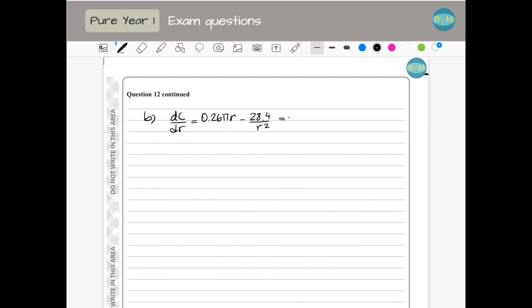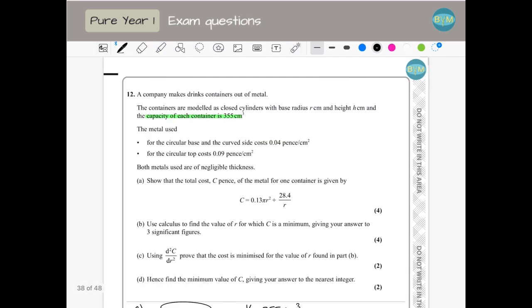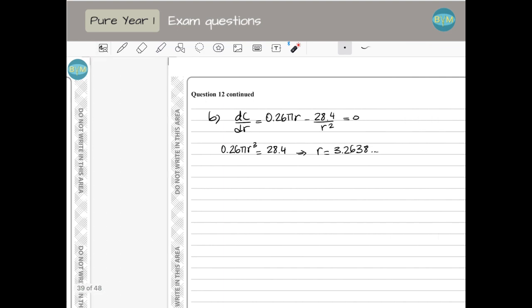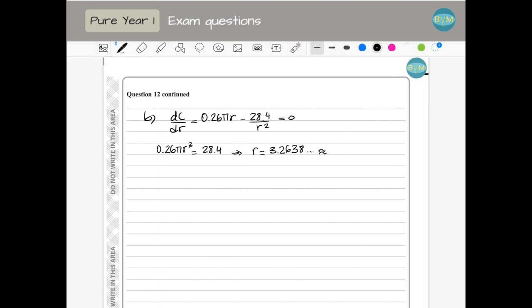And this is going to be equal to 0, which means 0.26 pi r cubed minus the constant is equal to 0. And from here you can find r very easily, and you have 3.2638 and so on, and they say round to 3 significant figures, so this is going to be 3.26 centimeters to 3 significant figures.